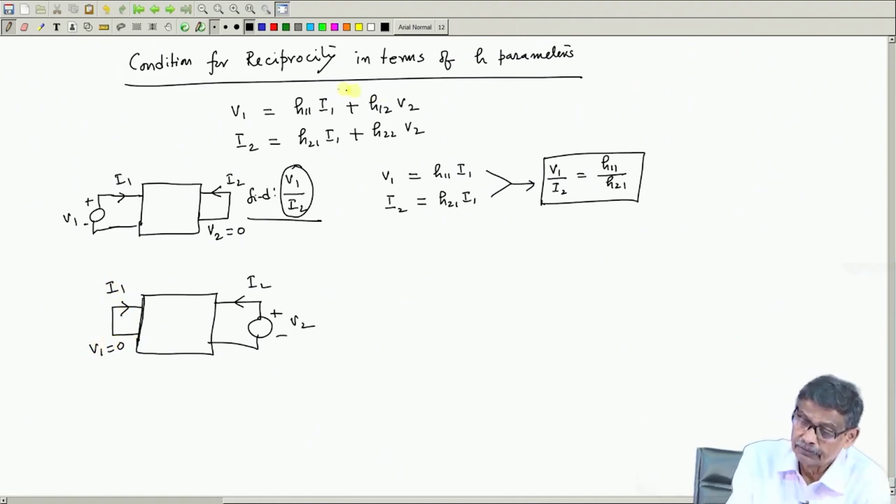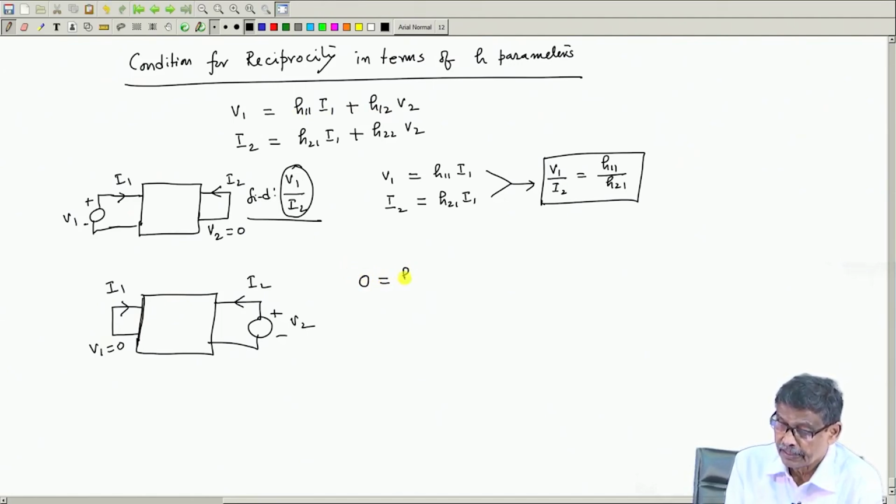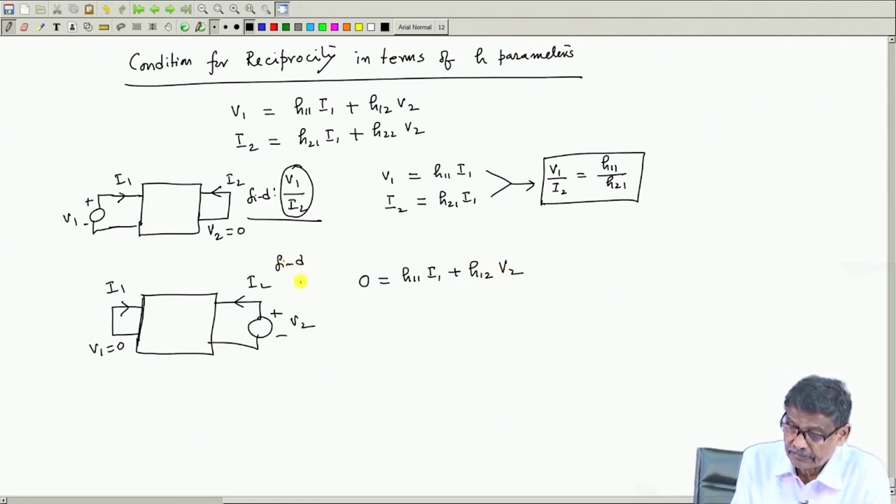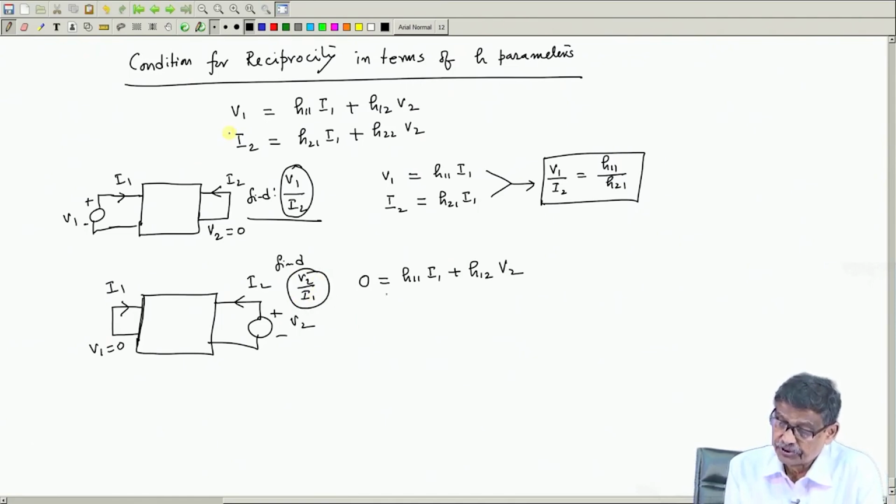So, once again go back to these fundamental equations and say that with V 1 equal to 0, the first equation will give you 0 is equal to H 1 1 I 1 plus H 1 2 V 2. And what you want to find out is V 2 by I 1, this ratio I have to find out. Write down the first equation, V 1 is 0, shorted: H 1 1 I 1 plus H 1 2 V 2.